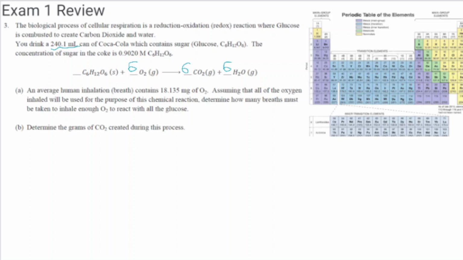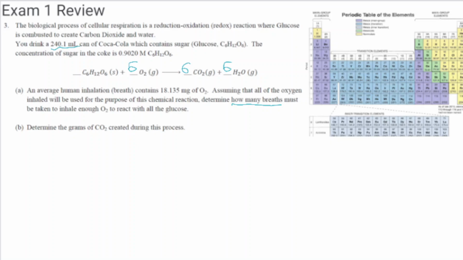The other bit that we know is that each breath contains 18.135 grams of oxygen. So our starting thing is still going to be this amount of Coke that we drank, and we're trying to determine how many breaths must be taken of O2 to get enough O2. So the way I'm going to start this out is I'm going to start off with our variable, like we normally do.